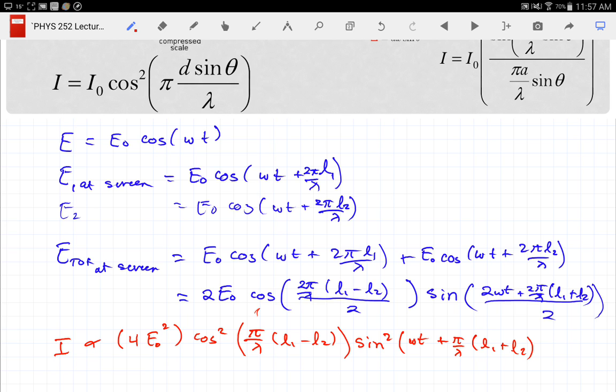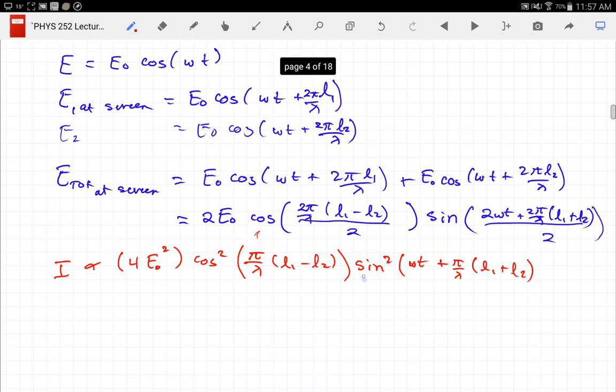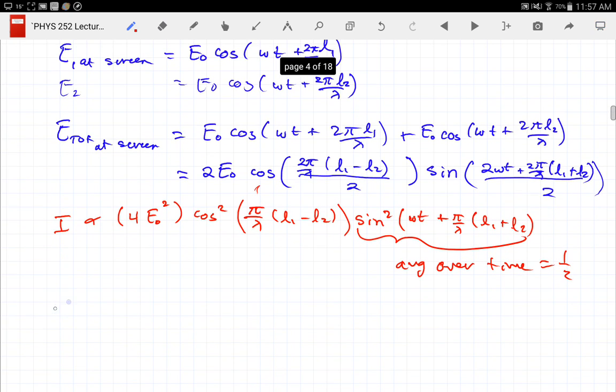And so my average intensity is equal to I0, which is just the peak intensity, cosine squared of pi over lambda times L1 minus L2.